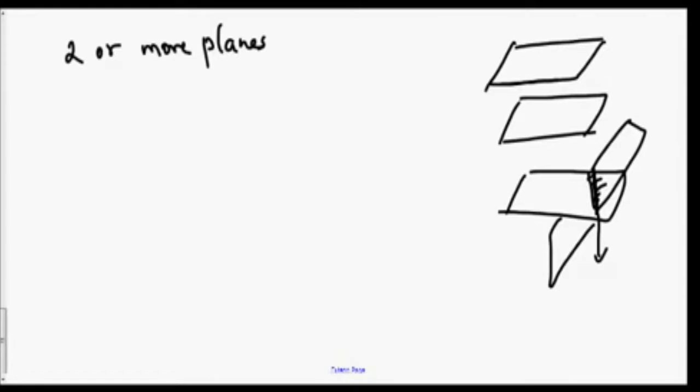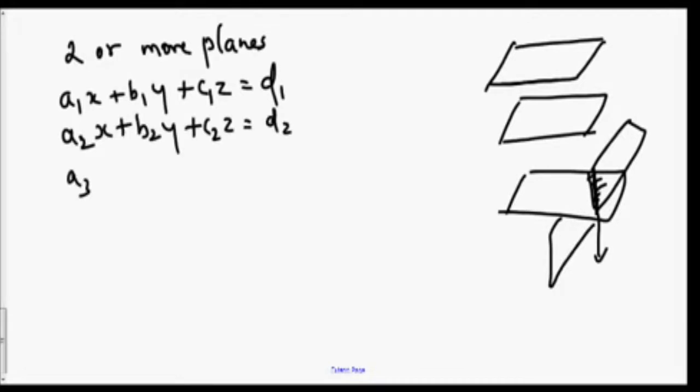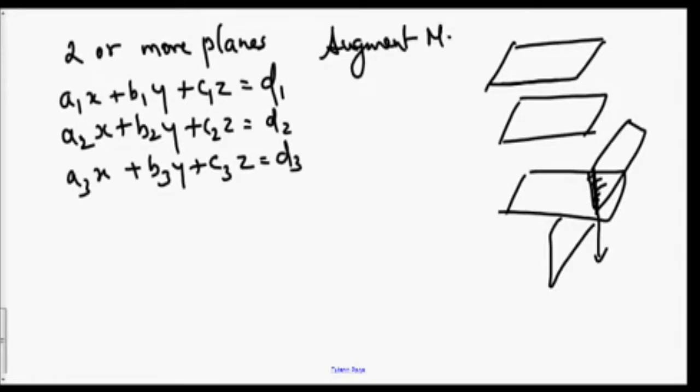Now for this you need to always have the planes in Cartesian form. Again, for this you need some other concepts called augmented matrix and row reduction, and you should know these. If you don't know, please go back to the matrix chapter and refresh these two concepts.